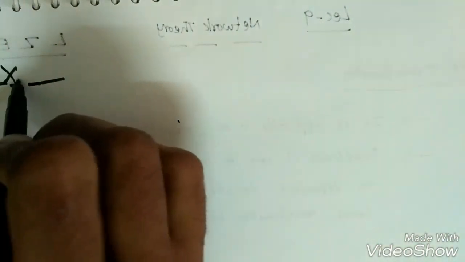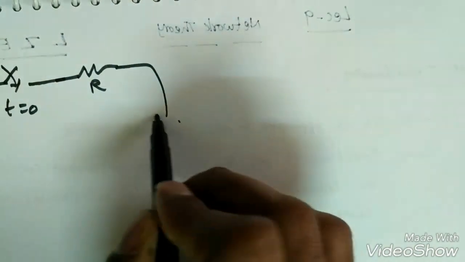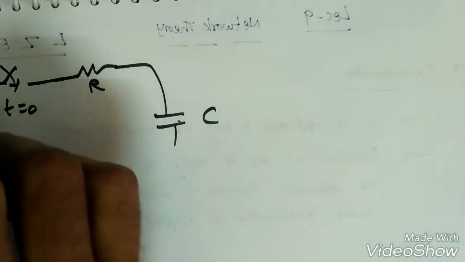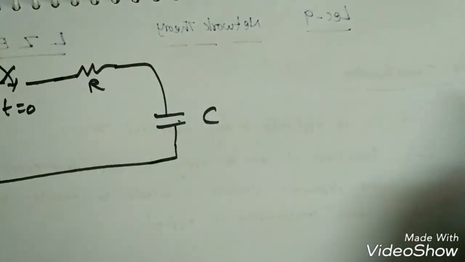Next we will go for the RC network. Same procedure we need to follow. Just pause the video and do it on your own first, then compare. So again at t equal to 0, this is R, this is capacitor C, this is V of t. So what we need to find?